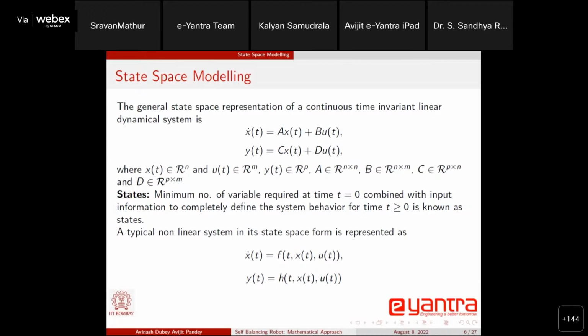If your system is non-linear, then the expression varies. We represent it through a function f of t, x(t), and u(t) as x dot, and y as some function h of time, your states, and the input. So this is a typical representation of a non-linear system.